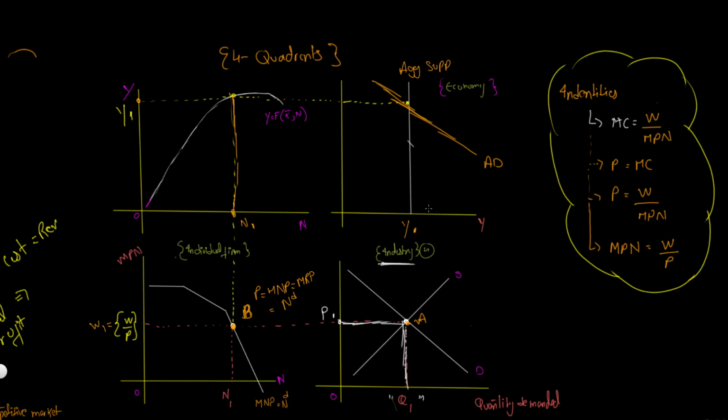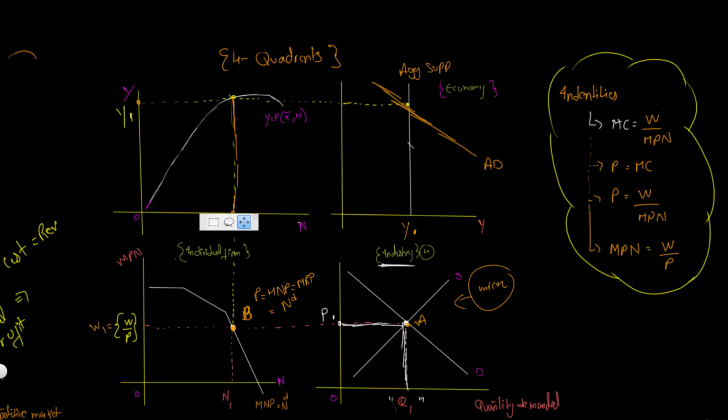Again, this is a simple 4-quadrant diagram which helps us understand and basically connect all the dots whenever we have a change in labor, whenever we have a change in quantity or demand of a good. This is a microeconomic concept, but in macroeconomics we try to connect it with all other concepts that we know of.